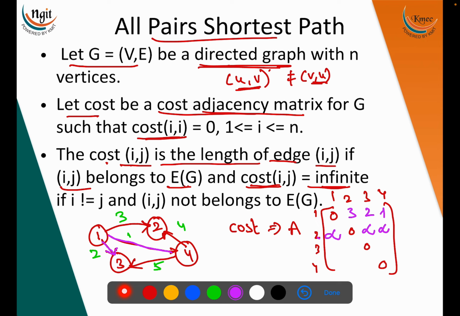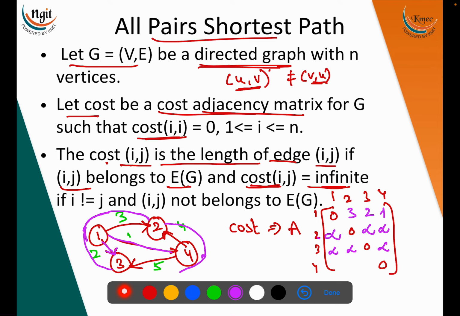Maybe to reach 3, vertex 2 needs some intermediary vertex to travel. Either it can take intermediary vertex 1 or intermediary vertex 4. But there is no direct edge from 2 to 3, right? Now from 3, there is no edge from 3 to 1, infinite. From 3 to 2, infinite. From 3 to 4, no edge.